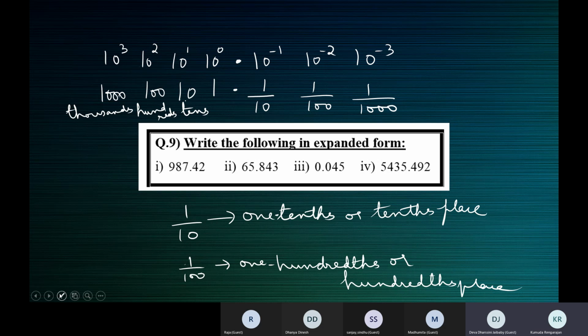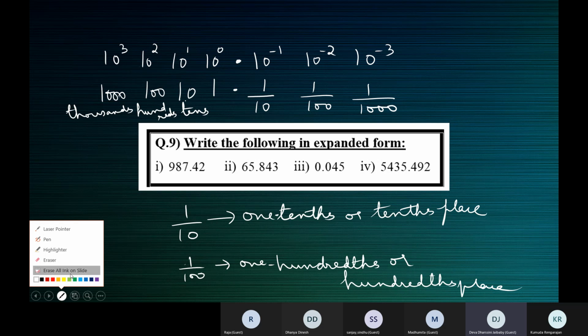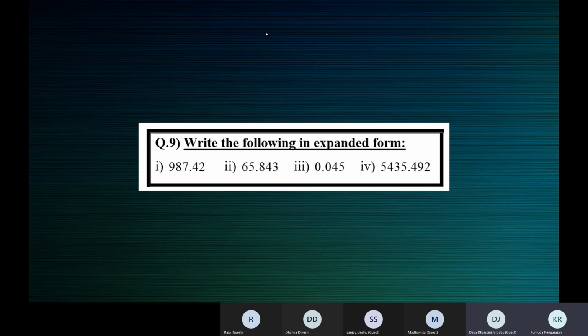Let me write it again for you. The place values: decimal point, 10 to the power 0, 10 to the power 1, 10 to the power 2, 10 to the power 3, and so on. 10 to the power minus 1, it's not 10 to the power 0 again here. 10 to the power minus 1, 10 to the power minus 2, minus 3, and so on.